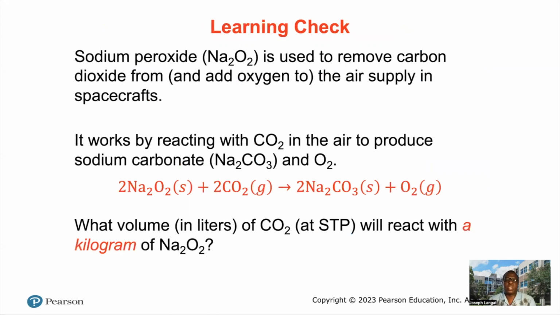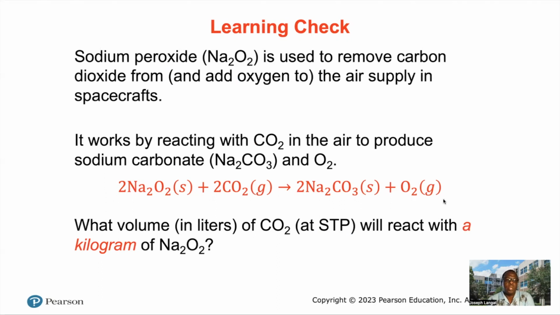Sodium peroxide, Na2O2, is used to remove carbon dioxide from, and add oxygen to, the air supply in a spacecraft. It works by reacting with CO2 in the air to produce sodium carbonate, with a mole ratio of 2 to 2 to 2 to 1.